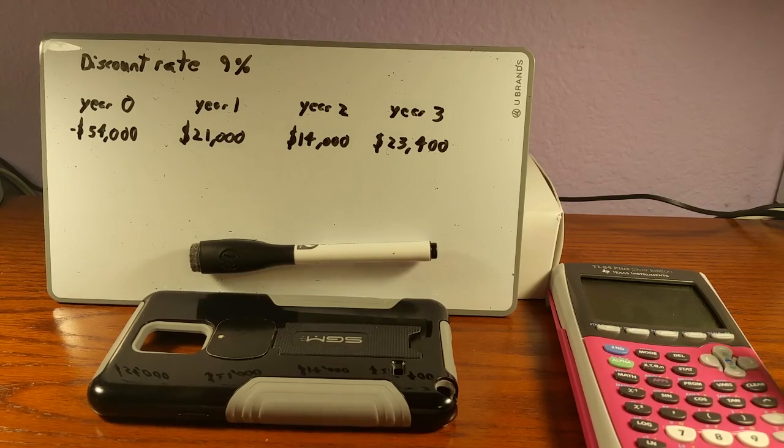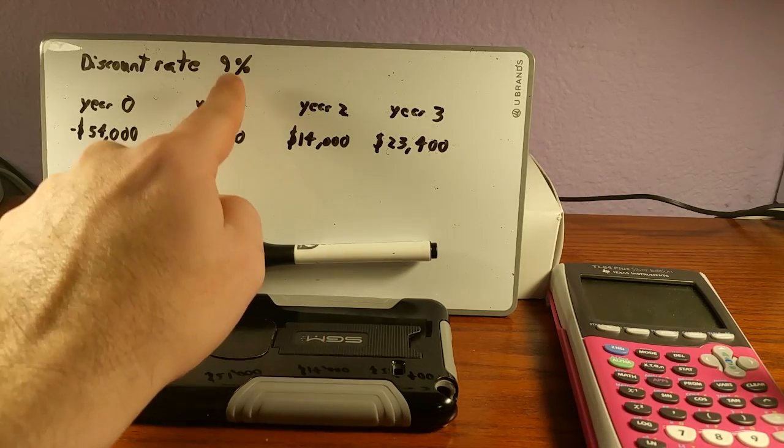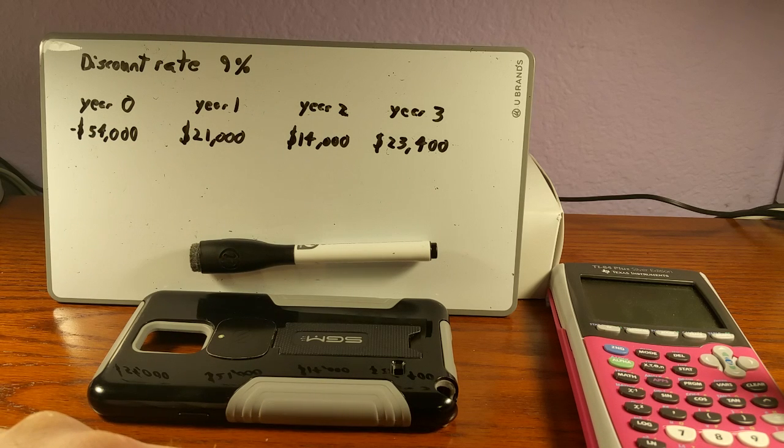First thing we need to know is we don't care about the discount rate in the context of the formula on the calculator. That will come into play later on when we're deciding whether to take a project, but for the calculations, it's not there.